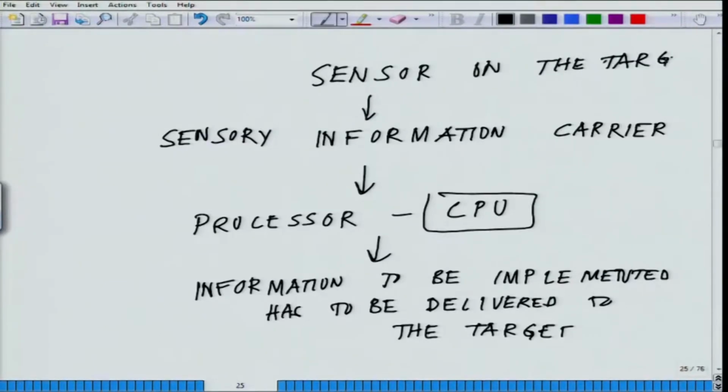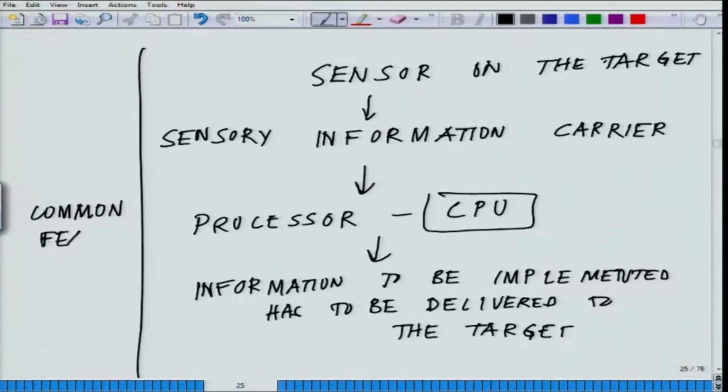So, these components are common. If I had to say what the common features of all the reflex circuits are, these are the common features of these circuits, and based on that you have several names.